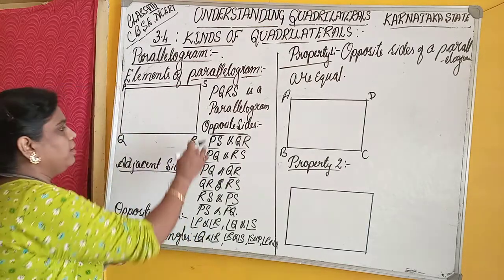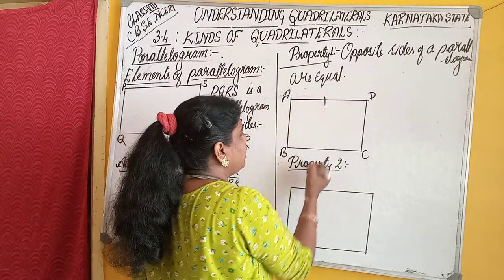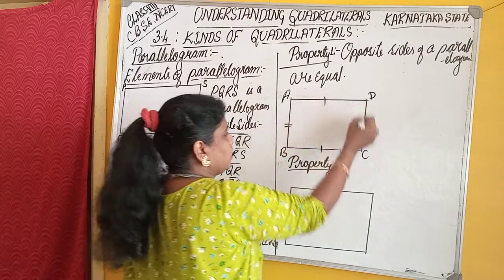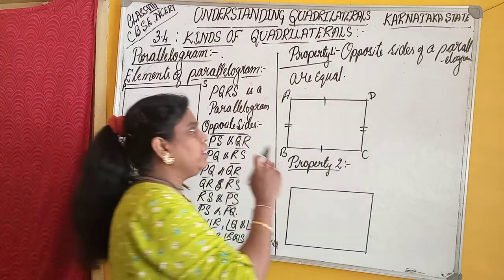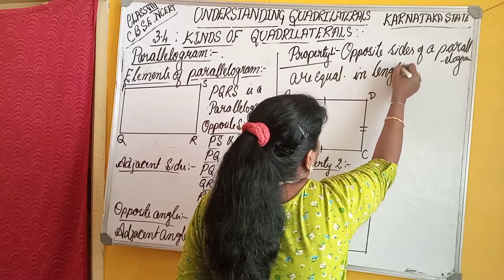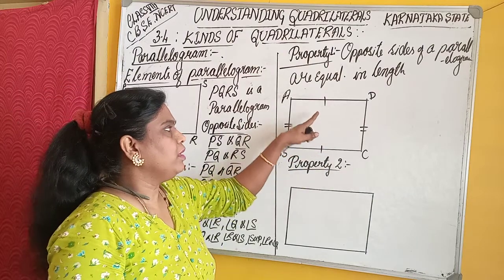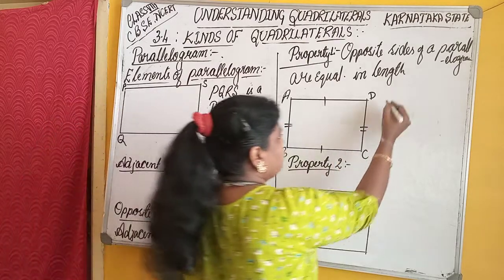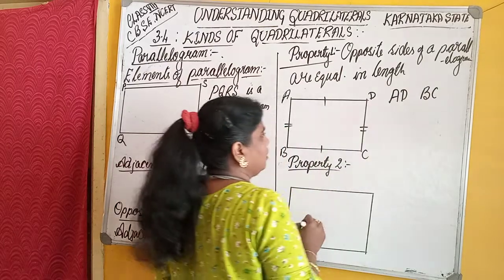Here we came to know which are opposite sides. Here, for AD the opposite side is BC and for AB the opposite side is CD. The opposite sides of a parallelogram are equal in length. Therefore we can write, for it is a parallelogram, AD and BC are opposite sides of a parallelogram.